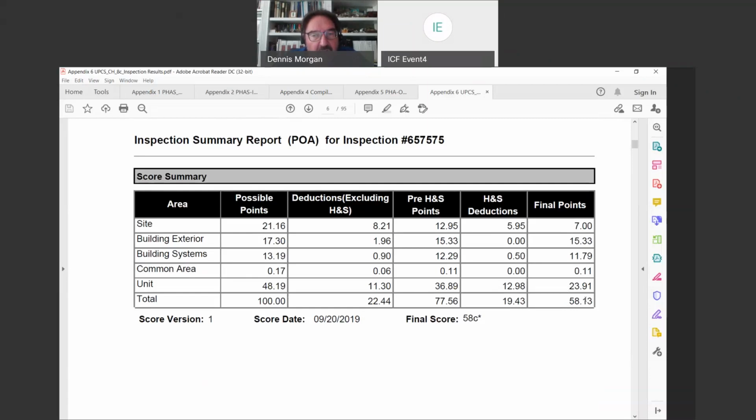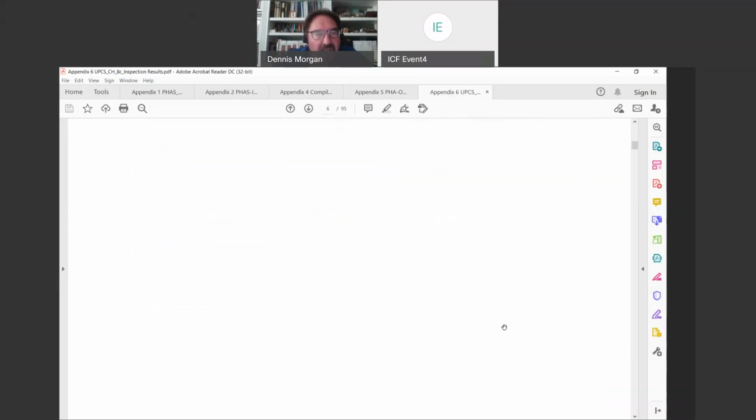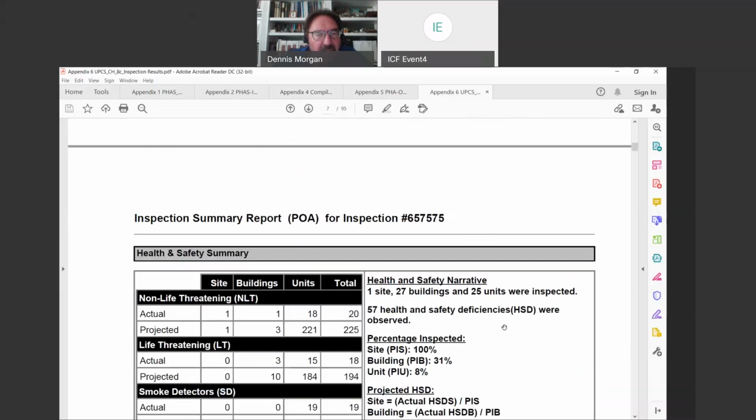So my overall score, 58.13, with some additional LT items, hence the C, and also some additional smoke alarm issues that didn't take away points, but they're still health and safety. So let's take a look now at the detail on this particular property.